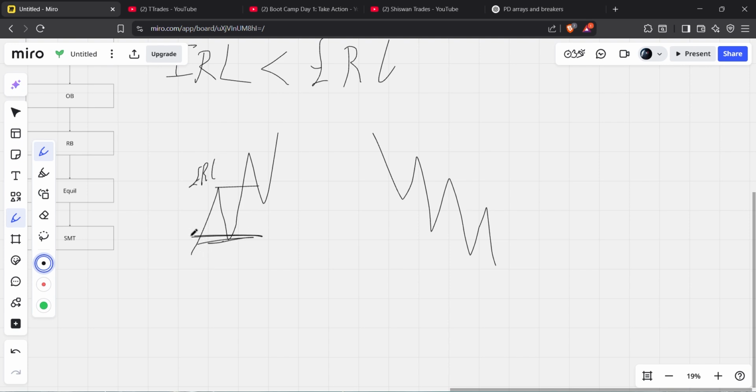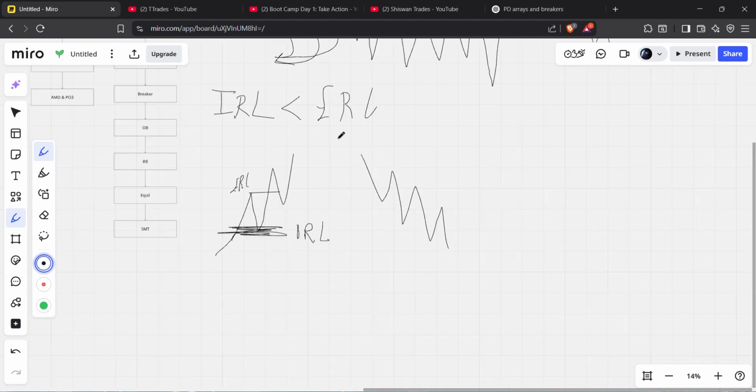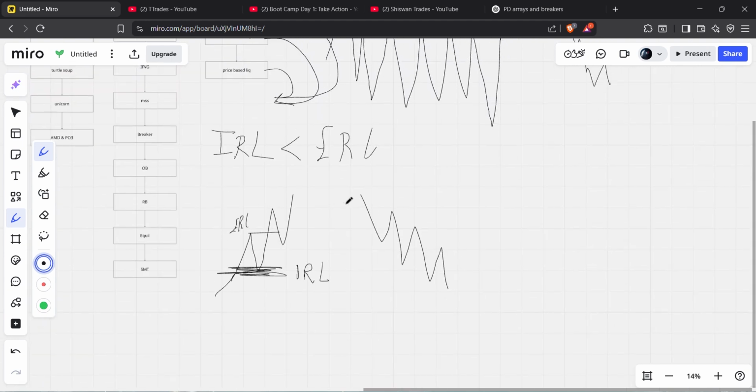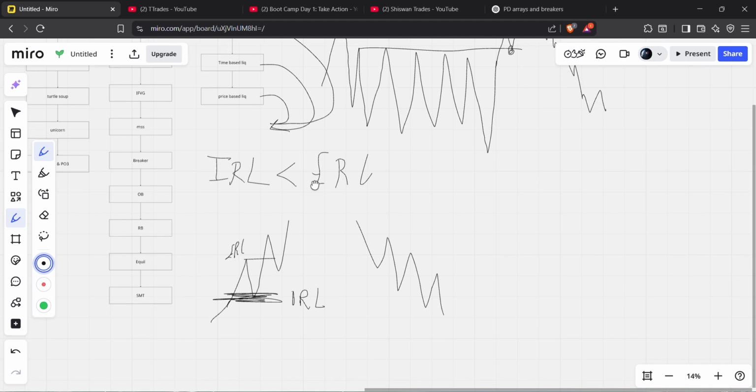And this, which is fair value gaps, PD arrays, whatever, are going to be our internal liquidities that we want to sweep or enter off, targeting those external liquidities. So every time we're going into the market, try to identify where the external liquidity I'm going for is, so I can set my targets and try to predict where the next move is going to be.